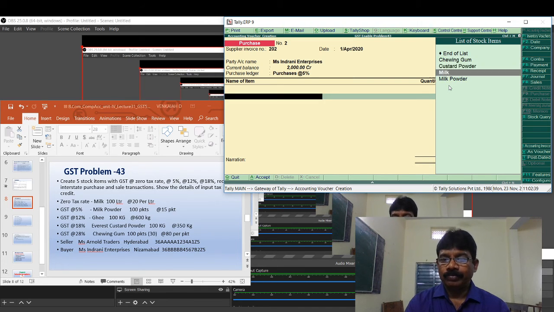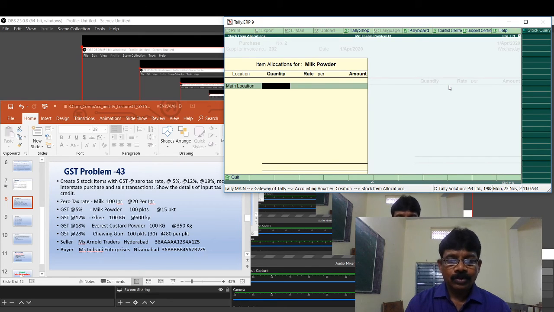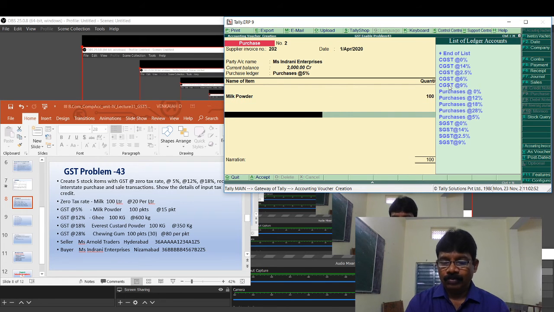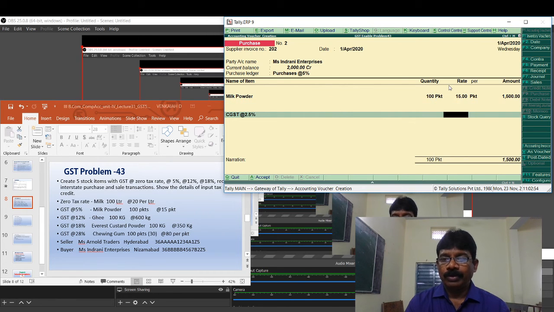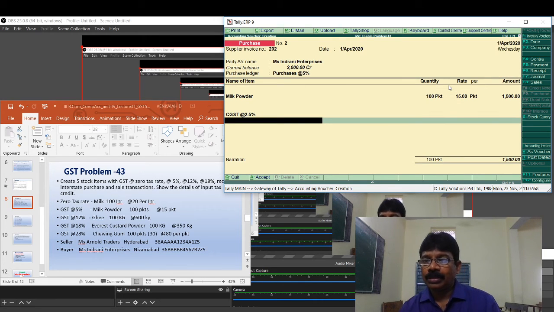Milk powder, quantity is 100 packets, 15 rupees. GST 2.5%. It is not calculating.